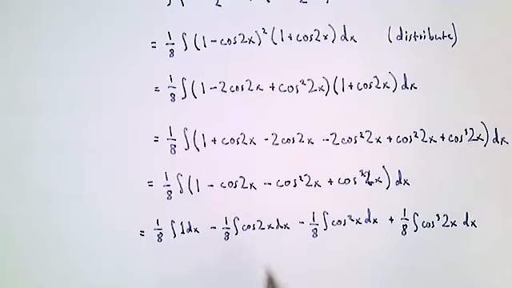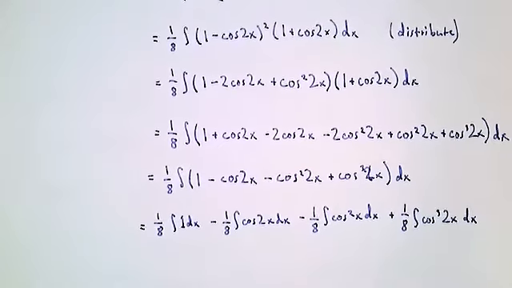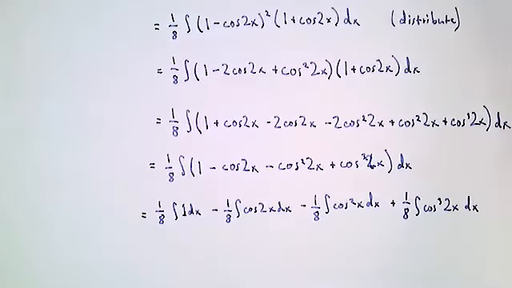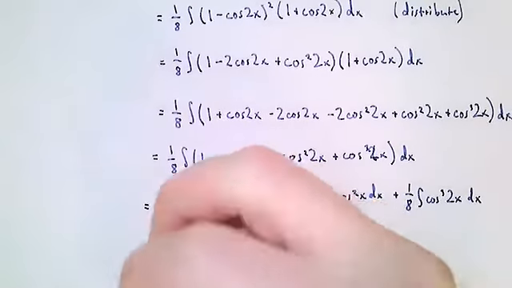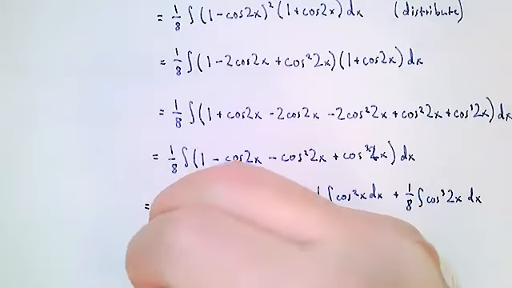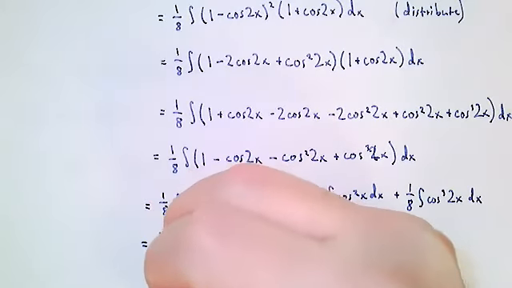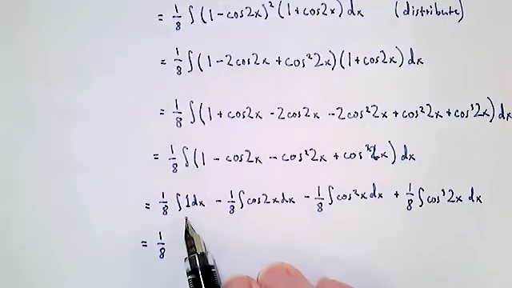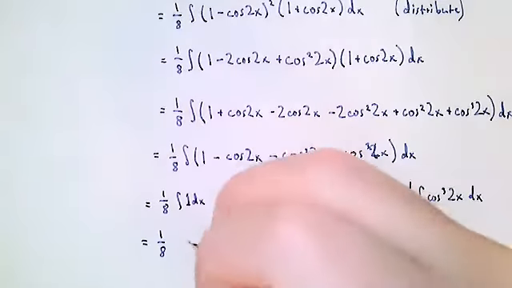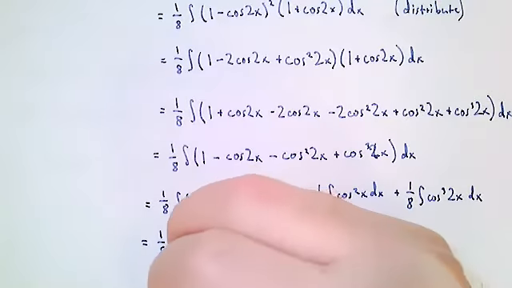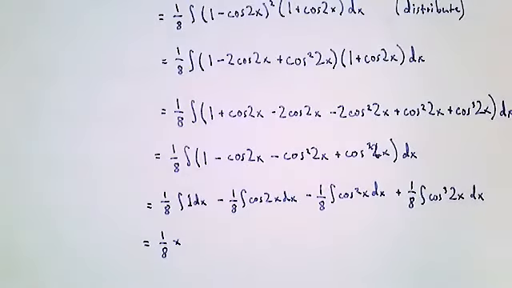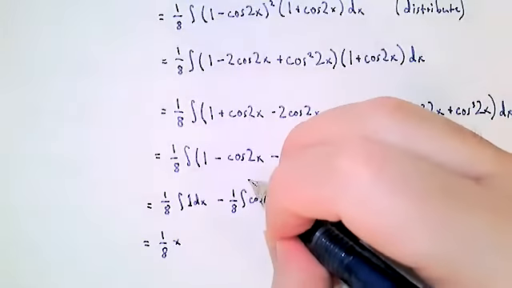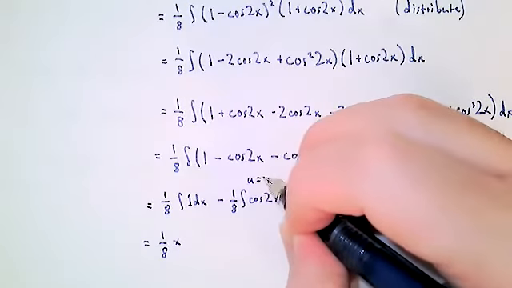So two of these integrals we can do right away, the first two here. The other two require a little bit more effort. The integral of 1 is just x. The integral of cosine of 2x, you might have to think of a u substitution.